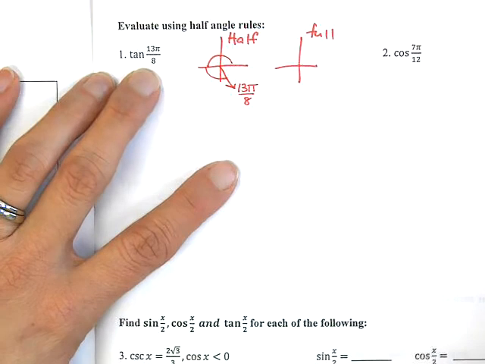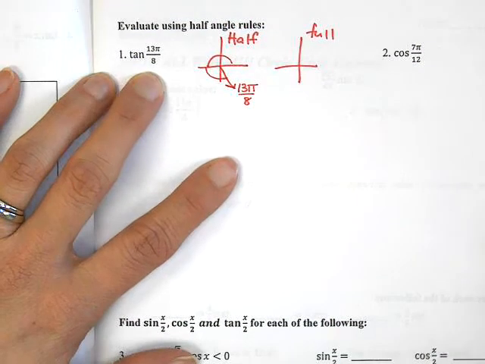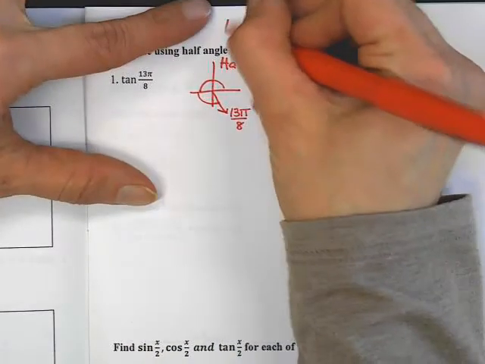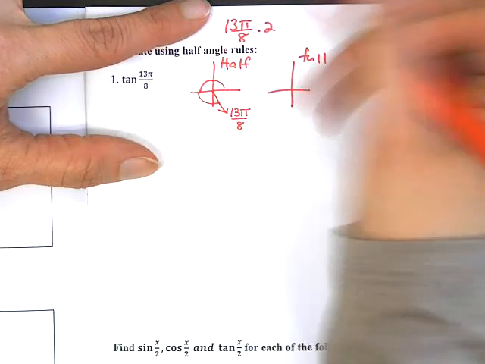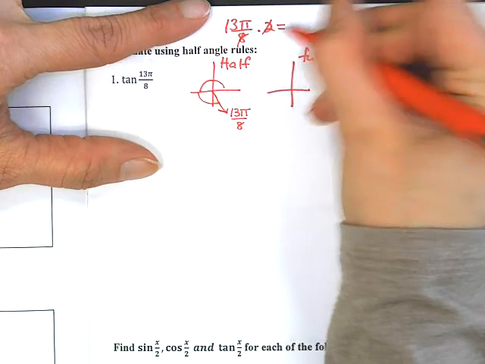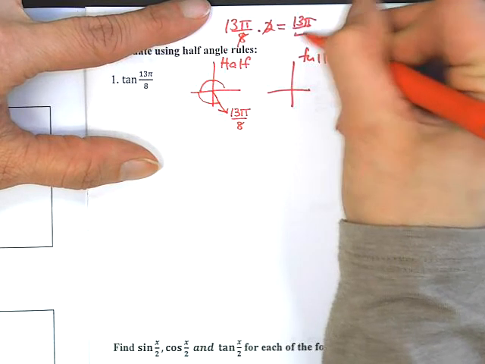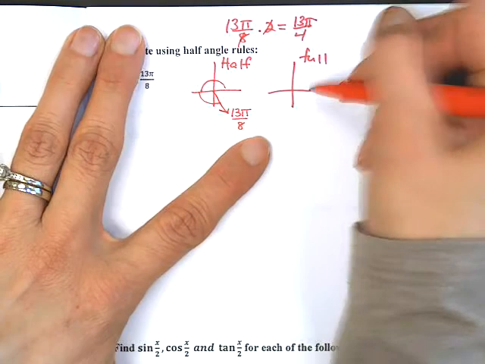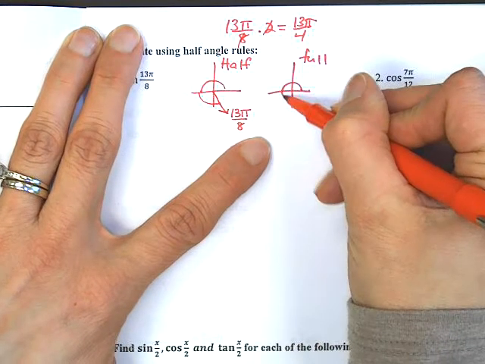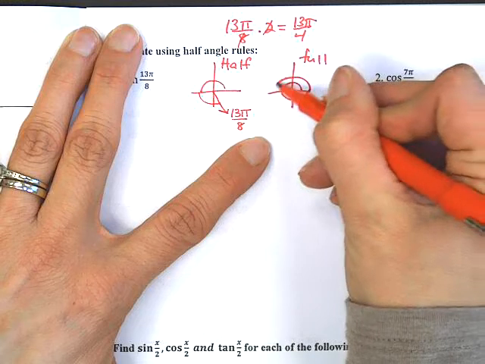That's the half. So where's the full? What is 13 pi over 8 times 2? Cancel, cancel. 13 pi over 4. Oh, I know the pi over 4s. I just have to figure out where that is. 4 out of 4, 8 out of 4, 12, 13.